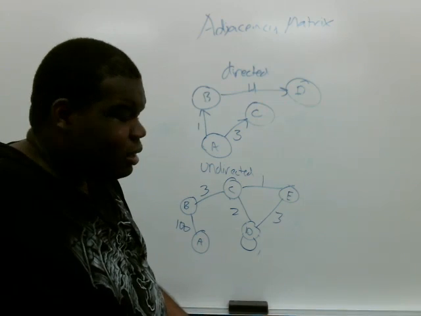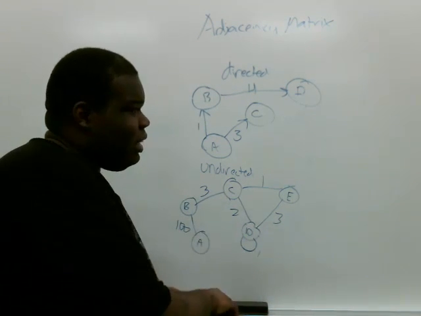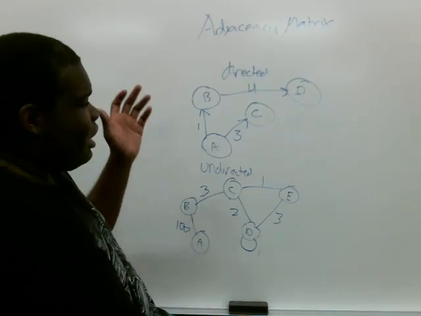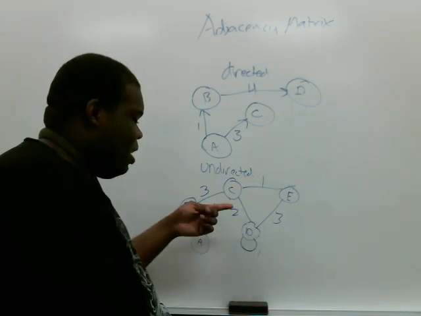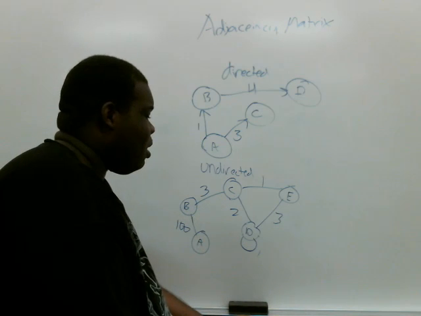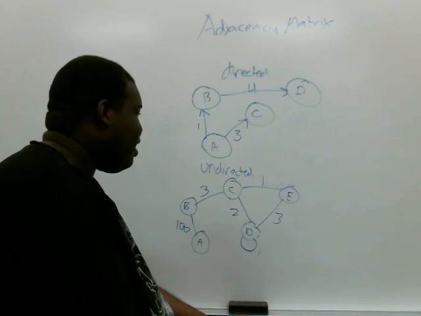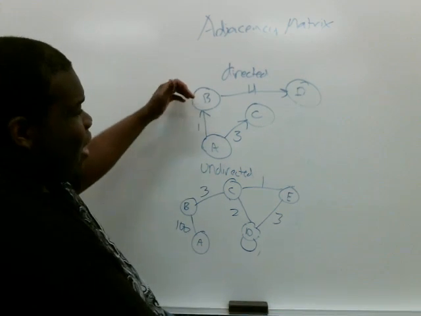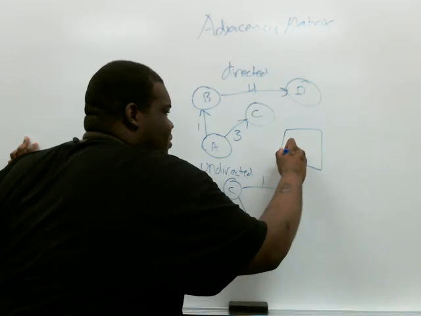Okay. So in these cases with edge weights for your adjacency matrix, you can represent that by just storing the weight of the edge in the corresponding element. And for a directed graph, let's do a simple one.